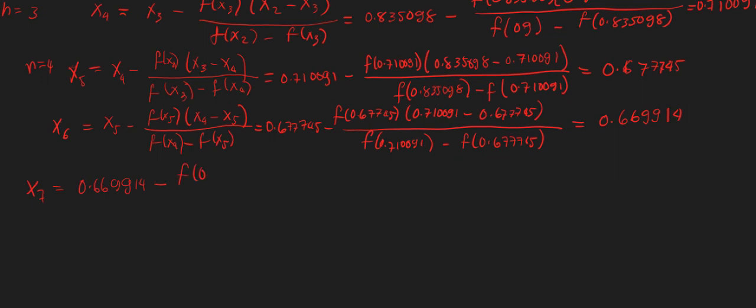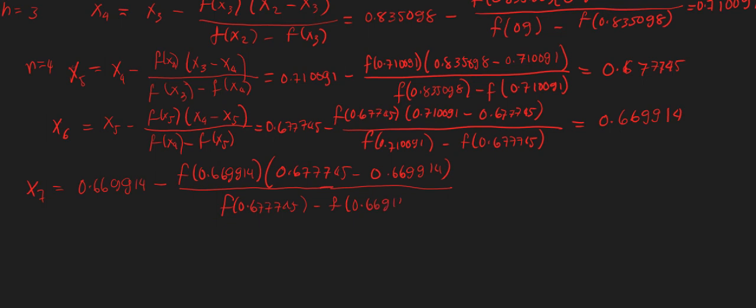f of 0.669914. Then x5 is 0.6777745 minus 0.669914. Then all over f of 0.6777745 minus f of 0.669914.